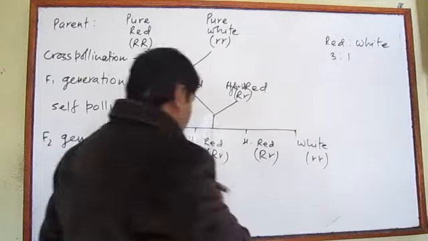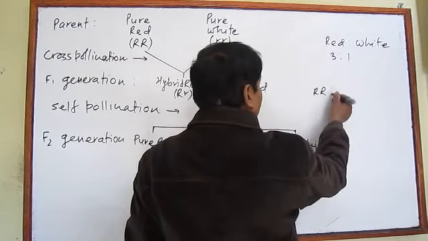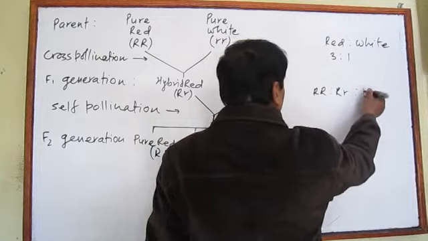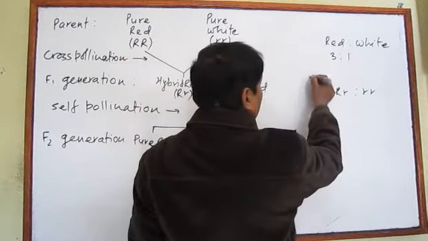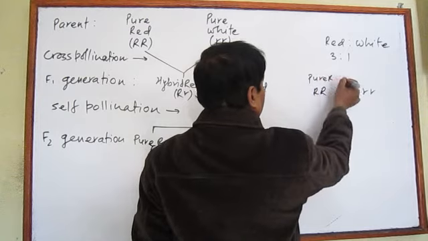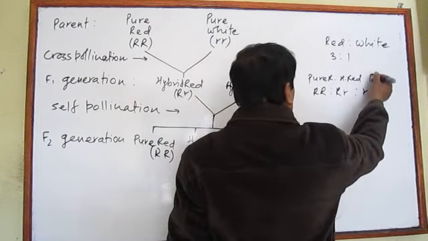But there are three different genotypes: capital R, capital R; capital R, small r; and small r, small r. This is pure red, this is hybrid red, and this is pure white.